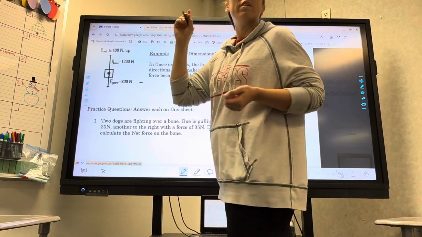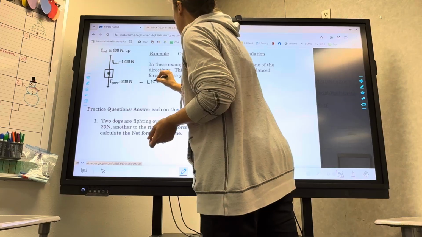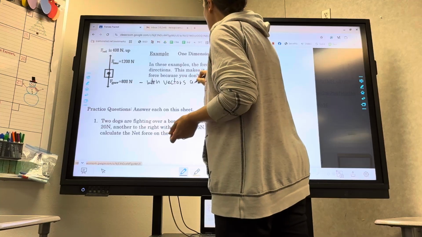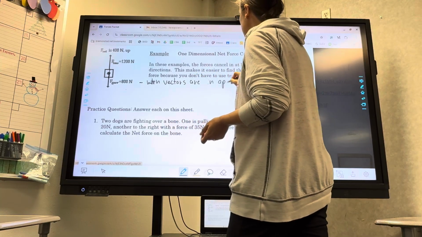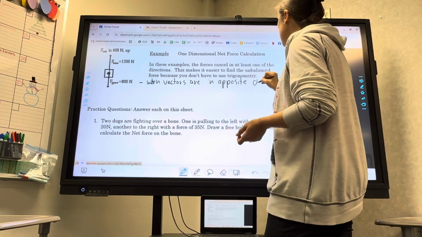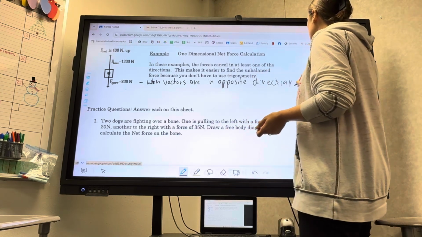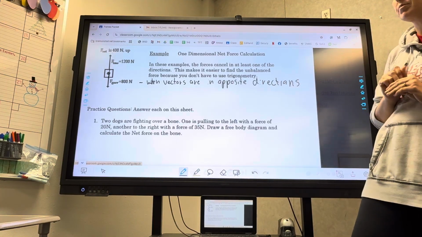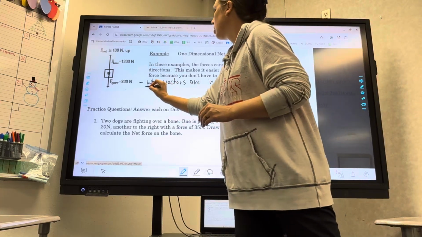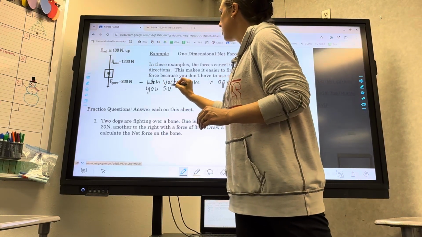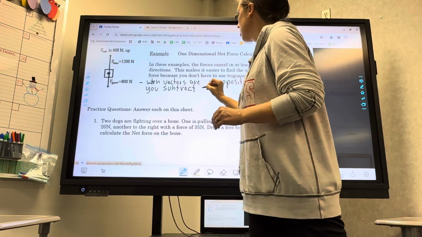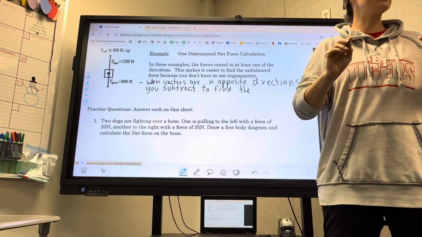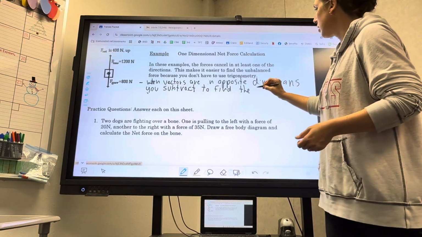Okay. When vectors, V-E-C-T-O-R-S, when vectors are in opposite directions, so when vectors are in opposite directions, you subtract to find the resultant, basically the resultant vector.